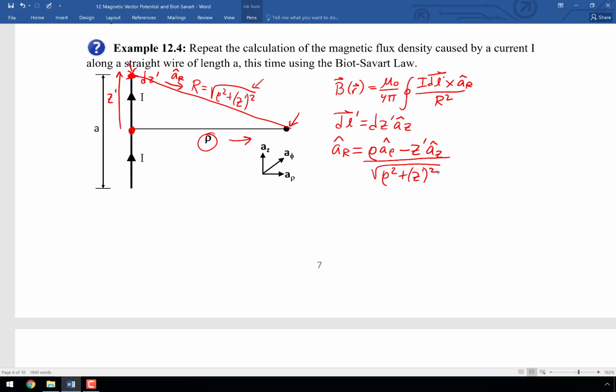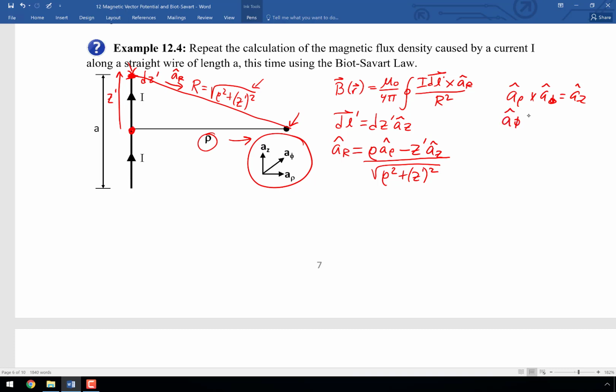Let me just take a minute and observe a couple of quick facts here. We know that there are three cross products that we're going to need to work with. We know that a sub rho crossed with a sub phi is equal to a sub z, which you can get from this legend right here, or if you go back and look in chapter 2, these are all written down there.